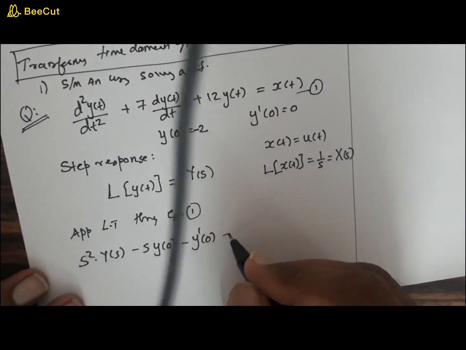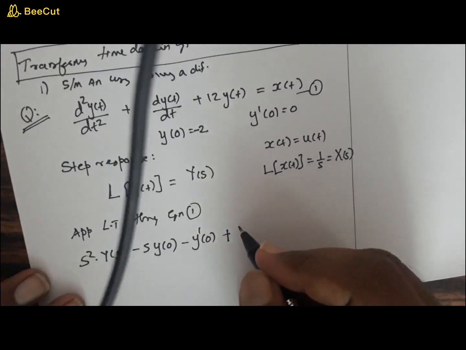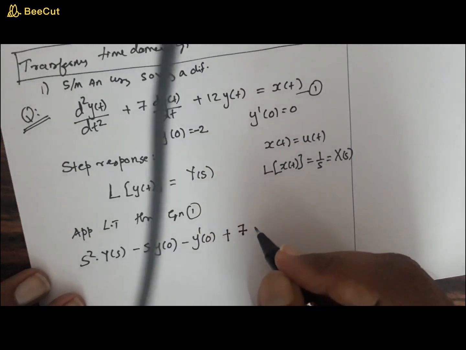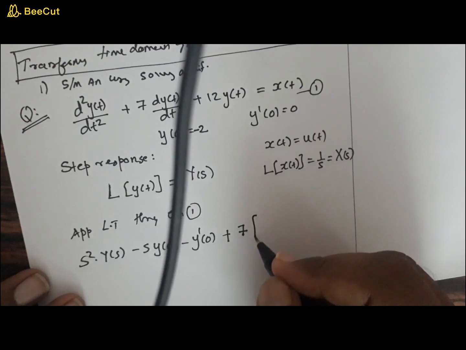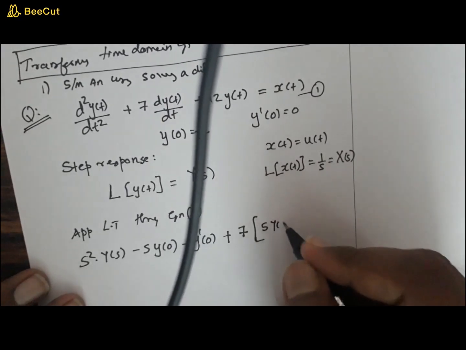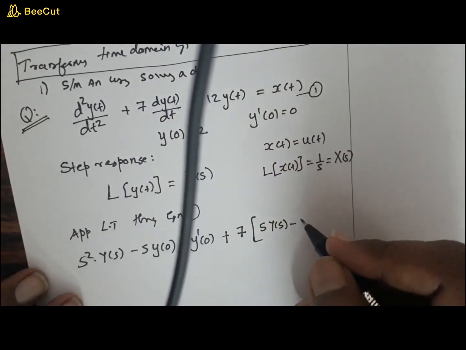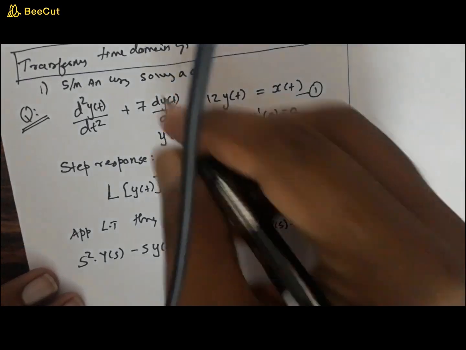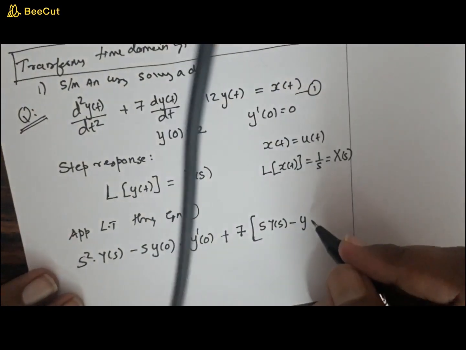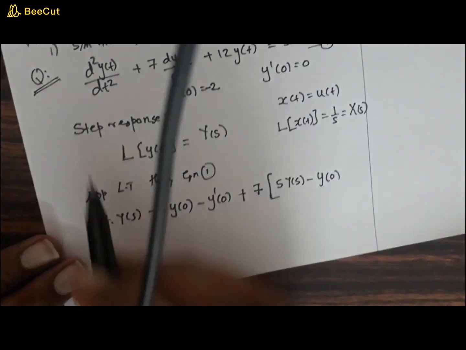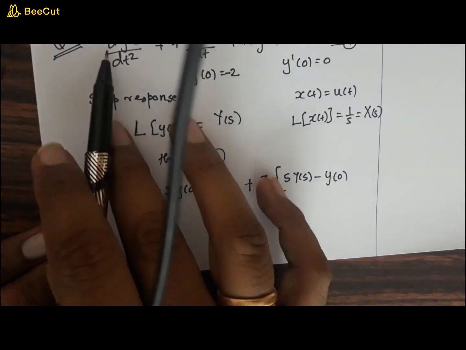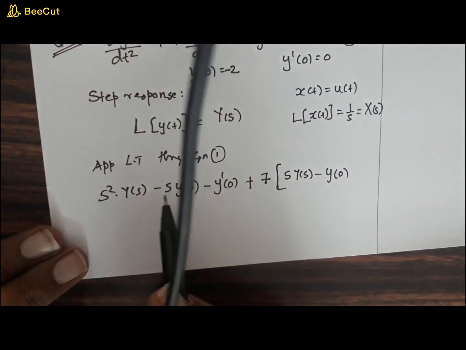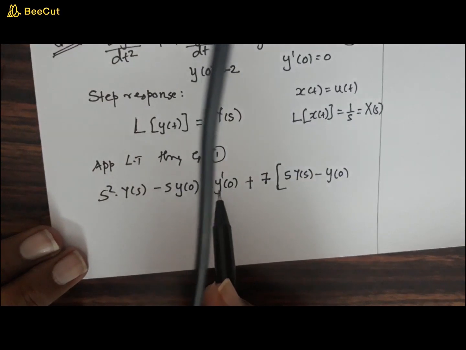Now next is plus 7 into, okay, 7 you should take as a common thing. So this is very important. 7 into s into y of s minus y of 0, because it is only dy by dt, so you have only y of 0. Remember, you must be very careful when you deal with double derivative. You will be having minus s y of 0 and a y dash of 0.